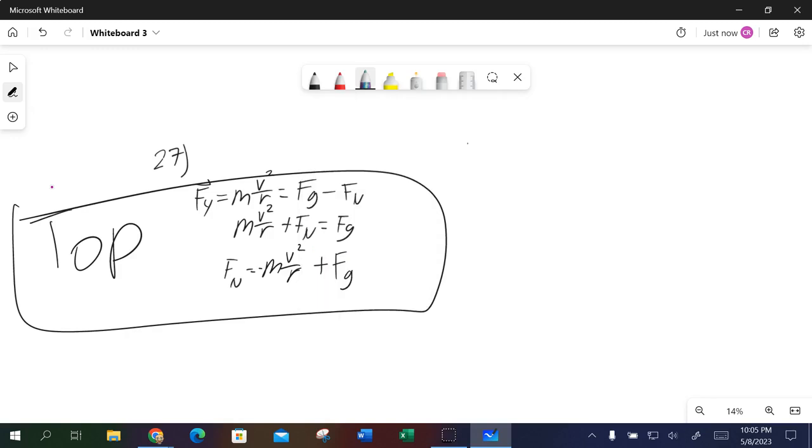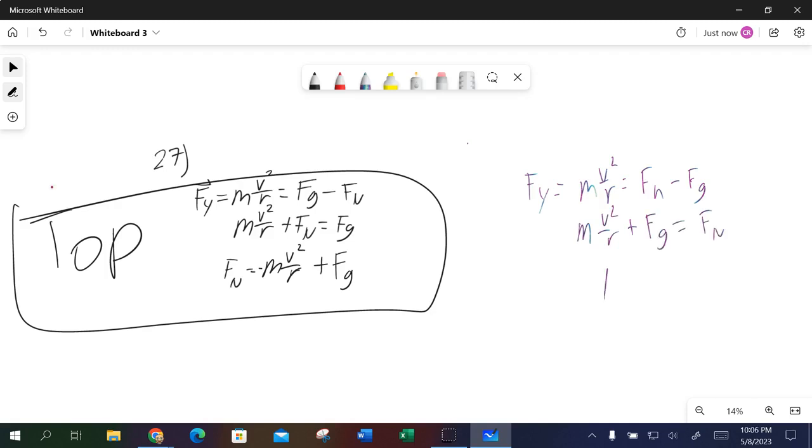So now we're going to find how it works. If gravity is now negative, our F_y is going to be equal to mv squared over r, F_N minus F_g. So then we just get mv squared over r plus F_g is equal to the normal force.